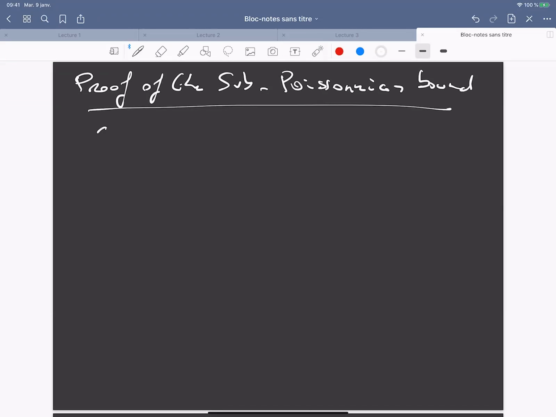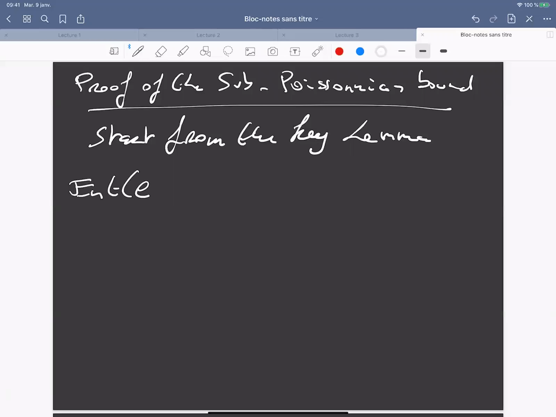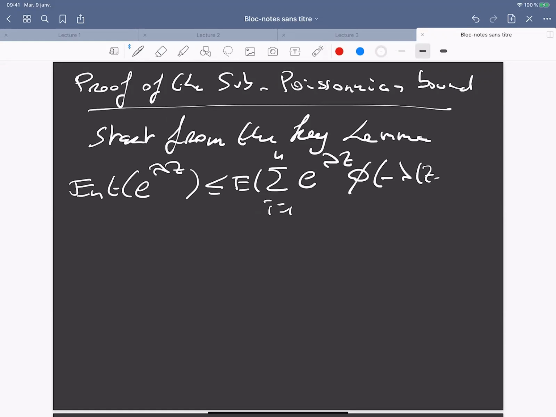So we start from the key lemma. So we write entropy of exponential lambda Z less than the expectation of the sum of exponential lambda Z times the function phi computed at minus lambda (Z minus Zi).